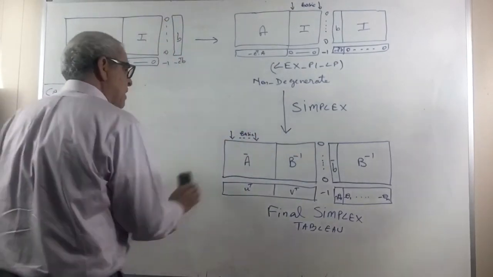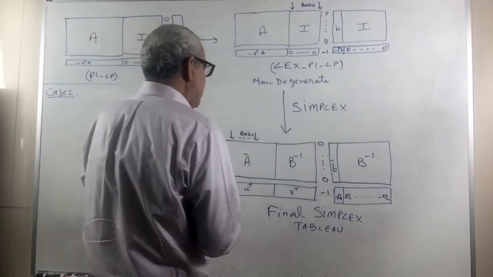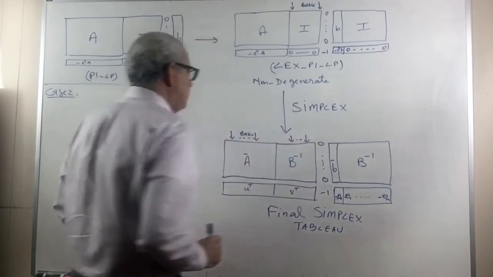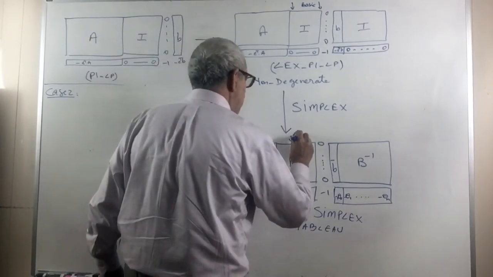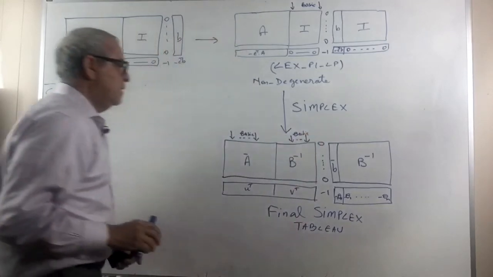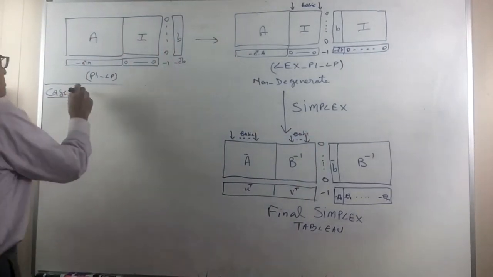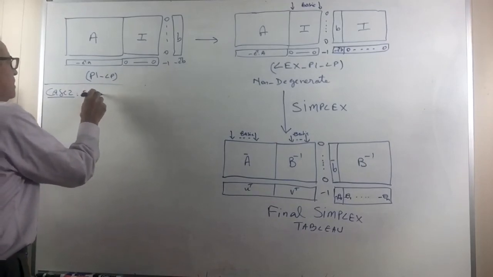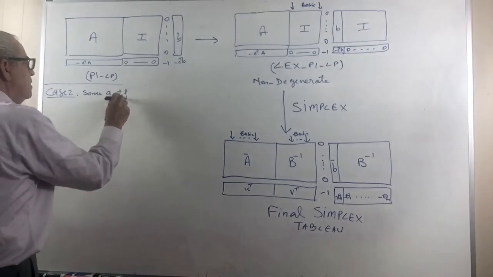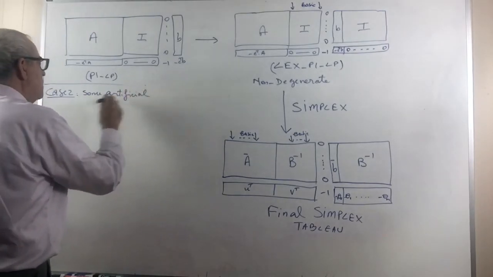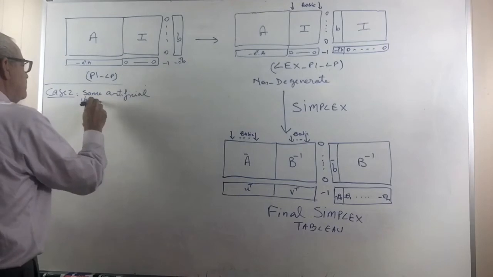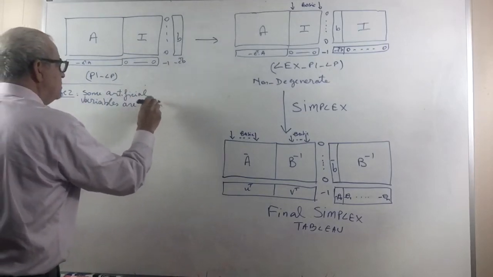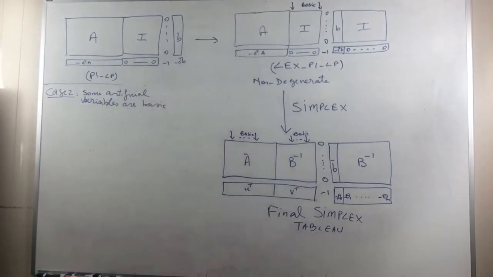So in this case, I have some basic variables here, and I also have some basic variables here. That's the second case, so I'll state it that way: some artificial variables are in the basis, are basic.